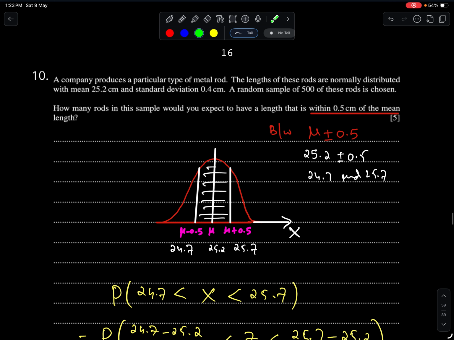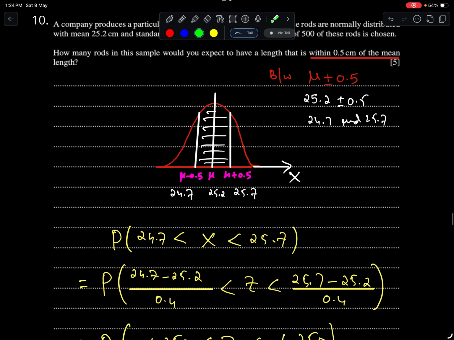Another question. How many rods in the sample would you expect? Expect means n times probability. Have a length that is within 0.5 centimeter of the mean. So mu plus minus 0.5, within means between this area. So mu plus 0.5, mu minus 0.5, right?